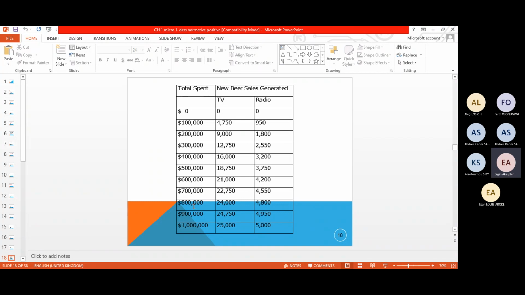For the 200 it is approximately doubling, 9,000, and then again somehow doubling, 1,800.